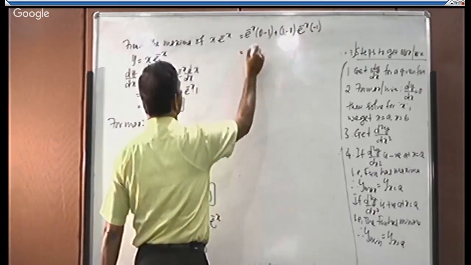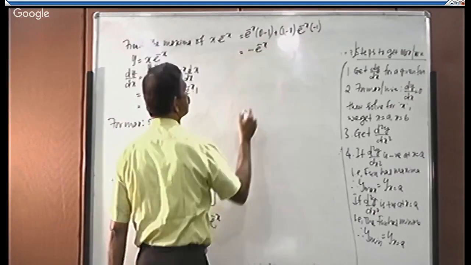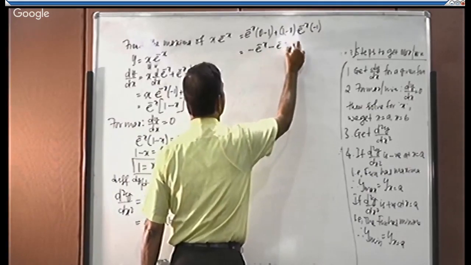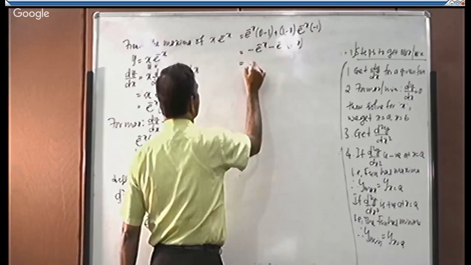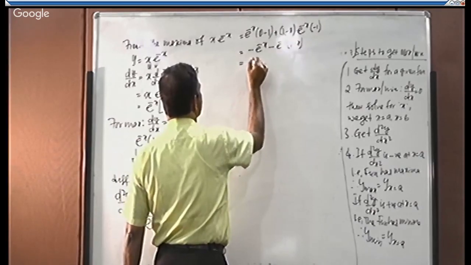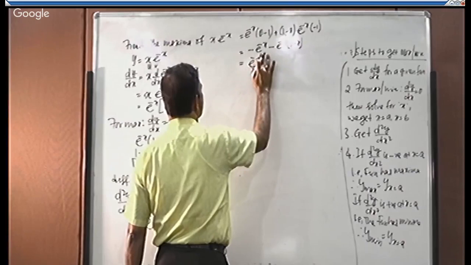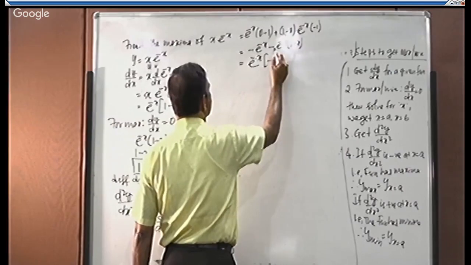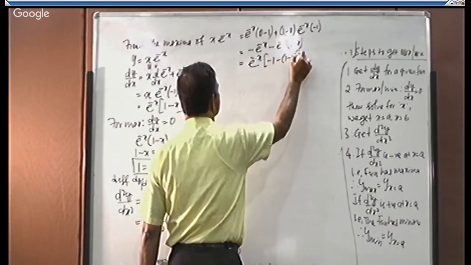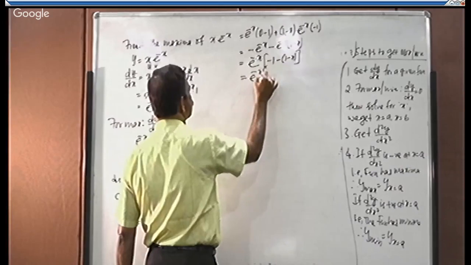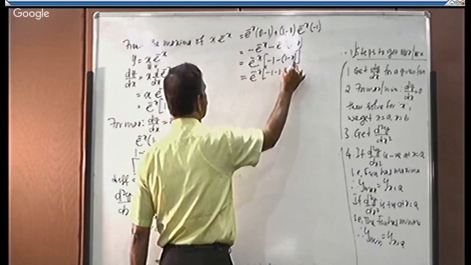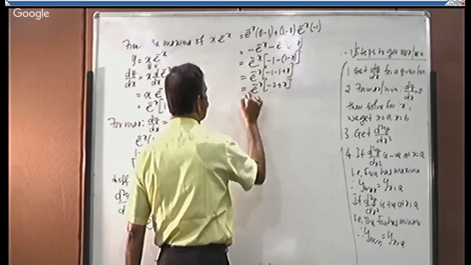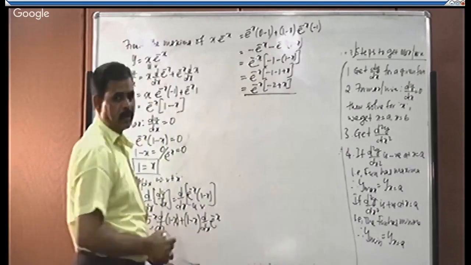It becomes minus e power minus x into 1 minus x. If I take e power minus x common, you will have minus 1 minus of 1 minus x, that is e power minus x into minus 1 plus x. It becomes e power minus x into minus 2 plus x. This is d square y by dx square.